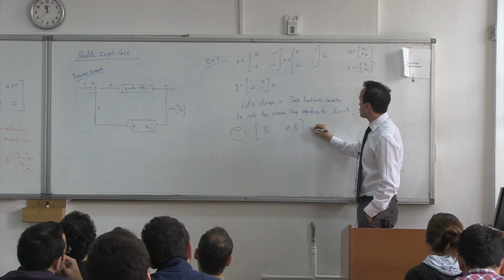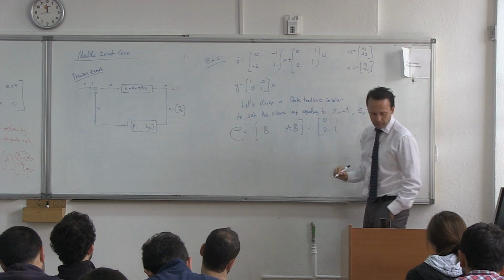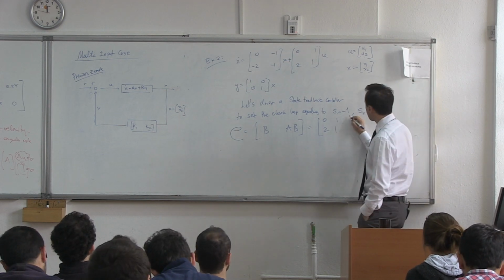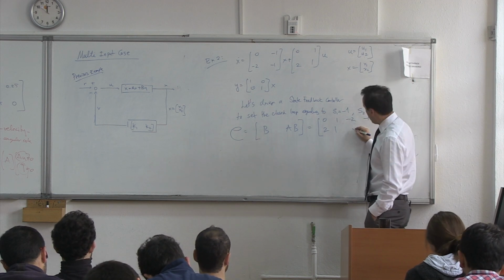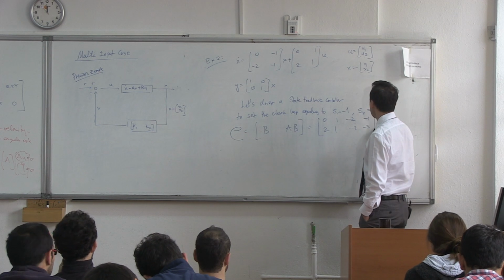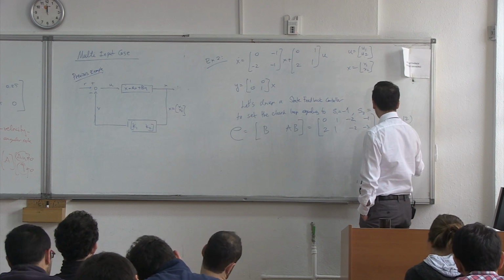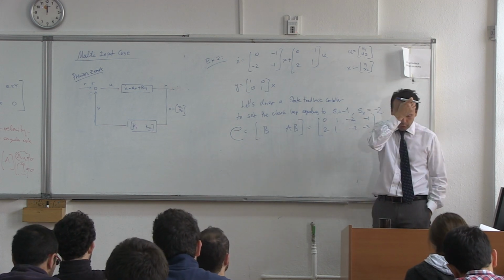So you start with this, write the first one B, it will be 0, 1, 2, 1. And you can probably immediately see that it is already full rank because of this. But let's also write this, minus 2, minus 1, minus 2, minus 3. And we'll say this is rank 2, and therefore it is controllable. So no problem, I can design a controller.